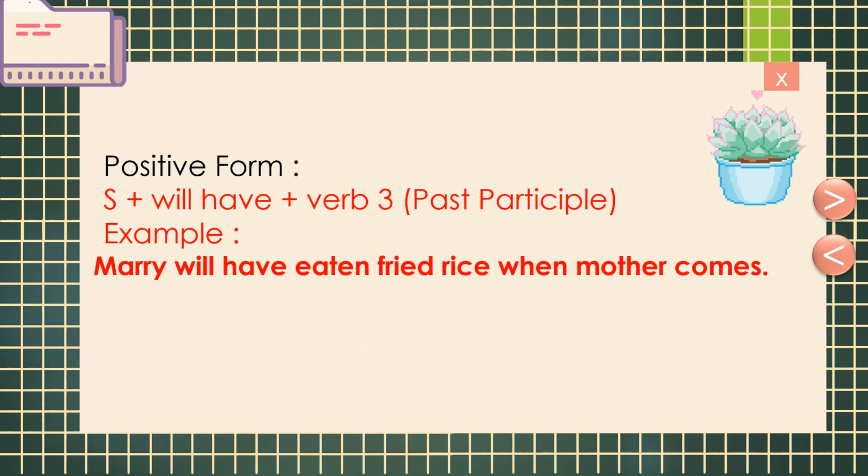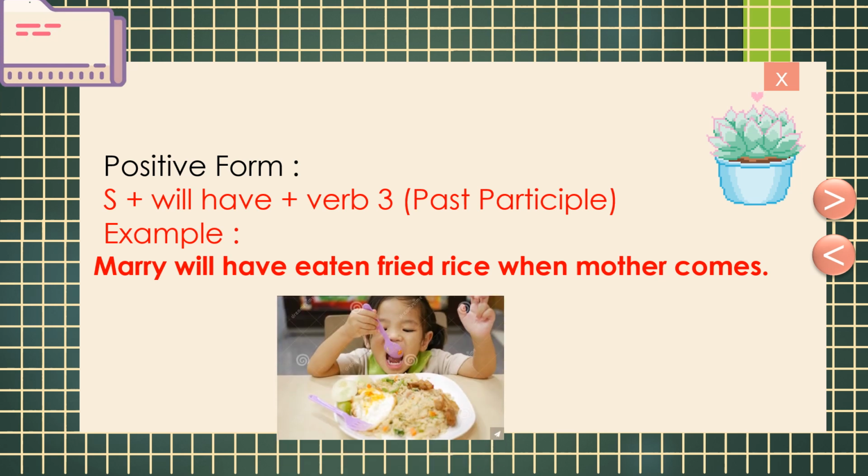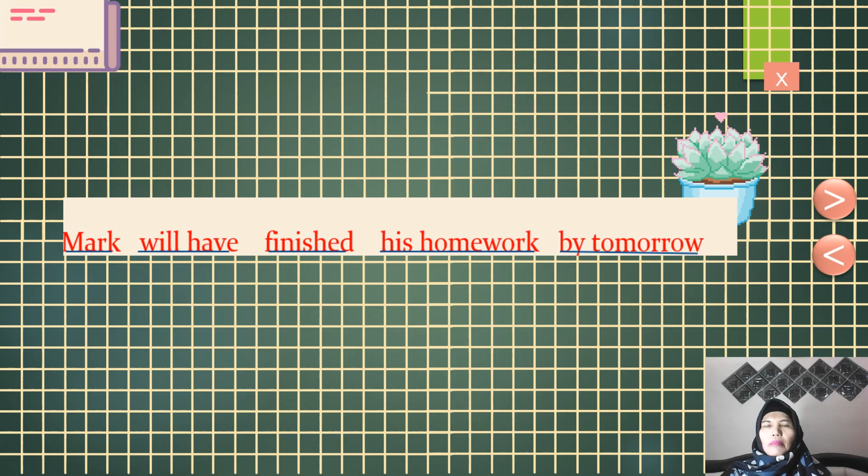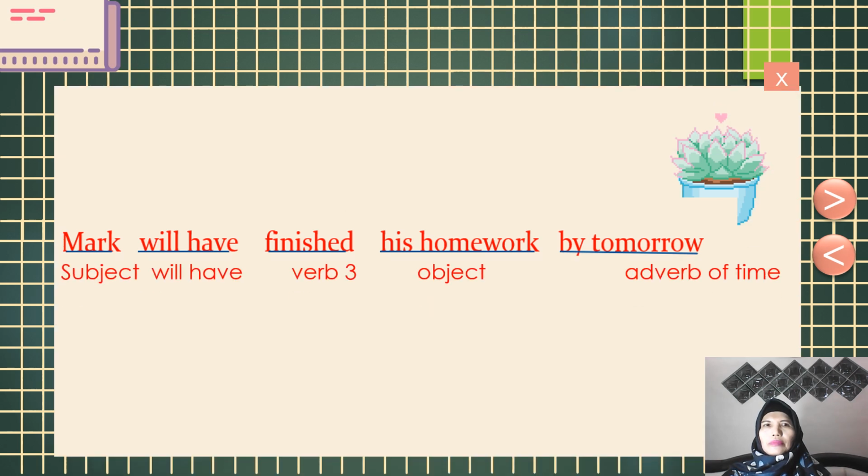Positive form: subject plus will have plus verb 3 or past participle. Example, Mary will have eaten fried rice when mother comes. Mark will have finished his homework by tomorrow.